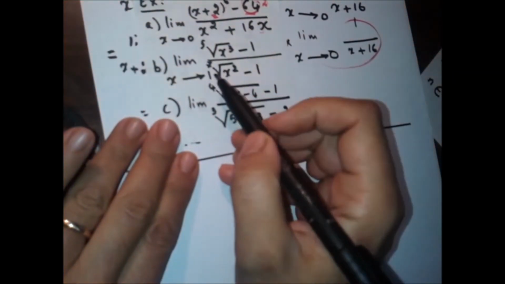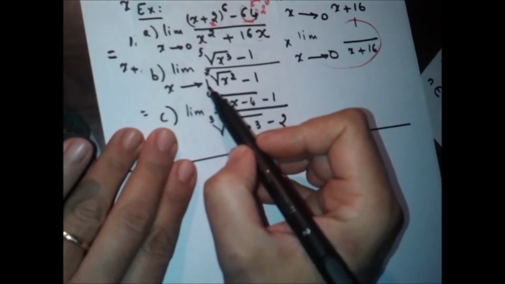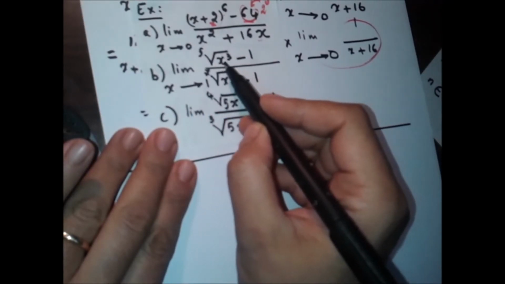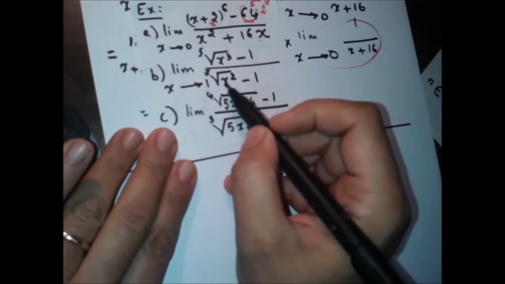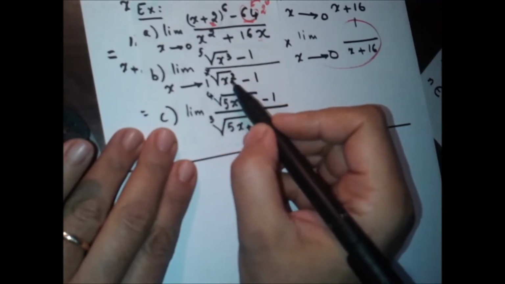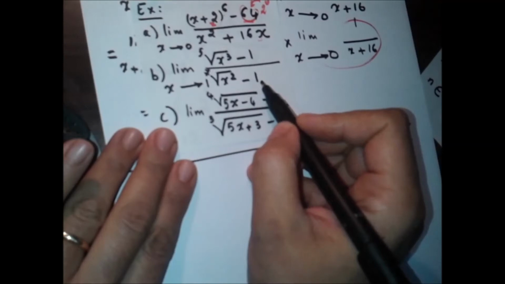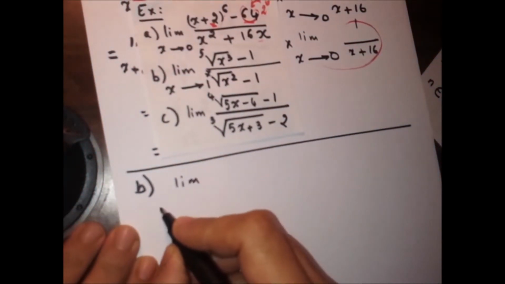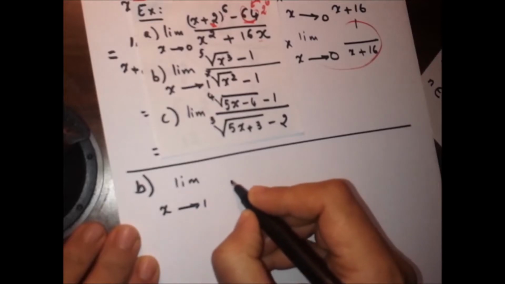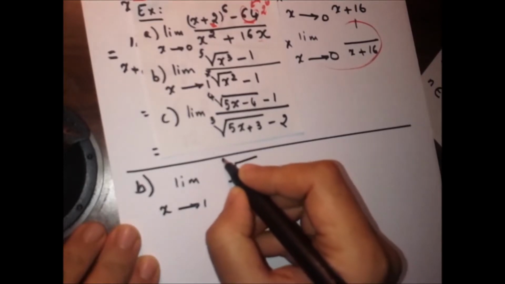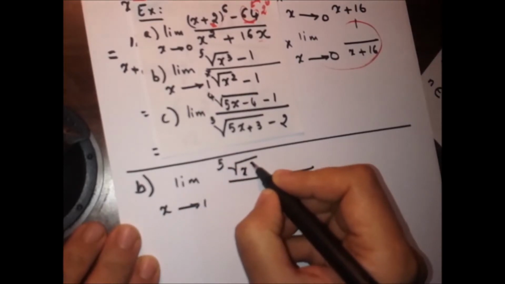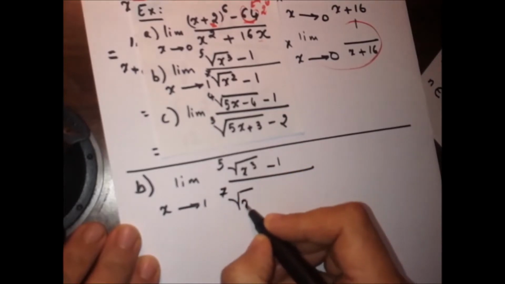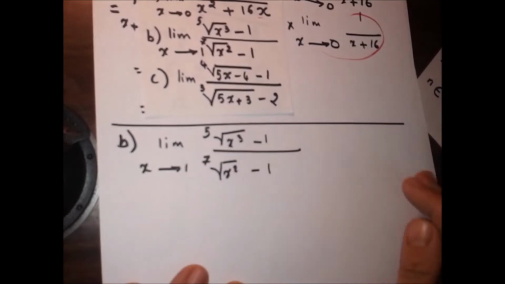Limit as x tends to 1 of the 5th root of x to the power 3 minus 1, over the 7th root of x squared minus 1. So limit as x tends to 1 of, this is the 5th root of x cubed minus 1 over the 7th root of x squared minus 1.